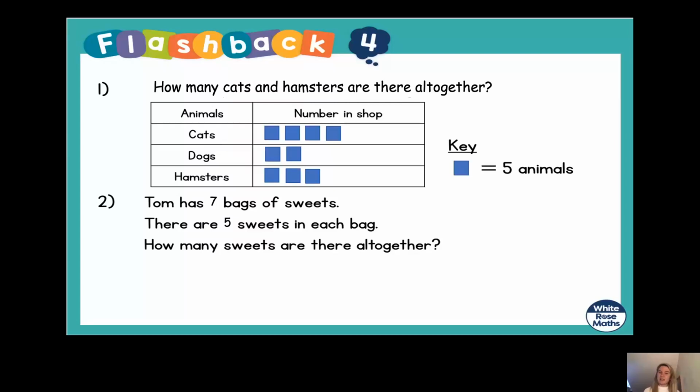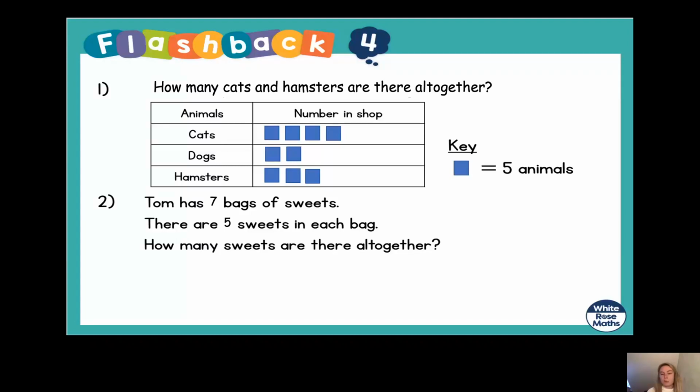Okay, Year 2, so let's have a look at the answers together. Well, number 1, how many cats and hamsters are there? So even though there's dogs on our pictogram, we're not going to be looking at that. Now let's have a look at the key to see what one blue square represents. Well, one blue square represents 5 animals, so we are going to be counting in 5s for our pictogram. Now let's have a look at cats first, because that's the first animal that we need to look at.